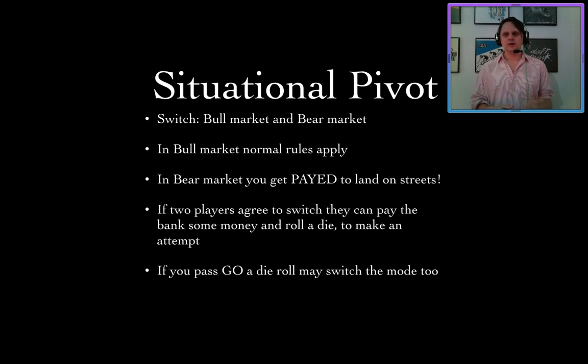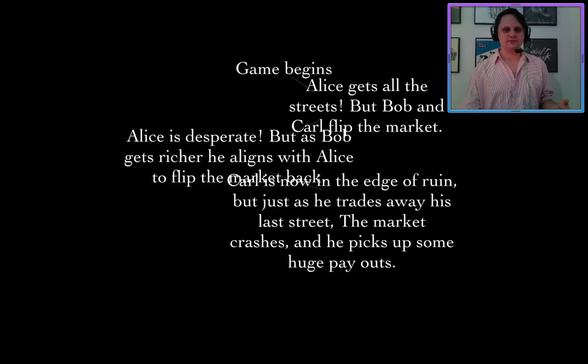Okay, so now let's imagine a game being played with this, right? So the game begins, Alice gets all the good streets, right? But Bob and Carl flip the market, oh my God, right? Now Alice is desperate, but Bob gets rich, right? And he aligns with Alice because now he's rich too, right? So now he wants to flip the market to positive, right?